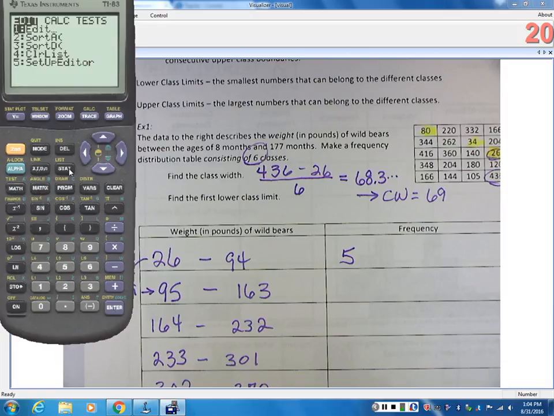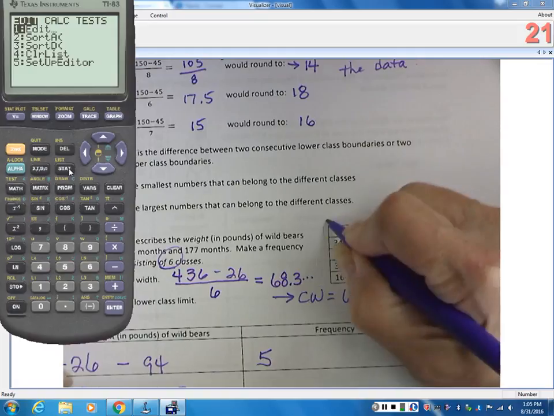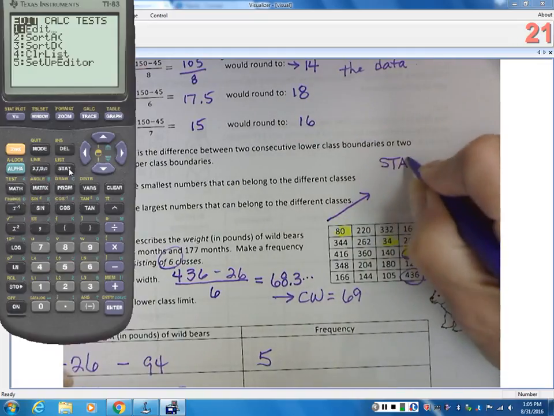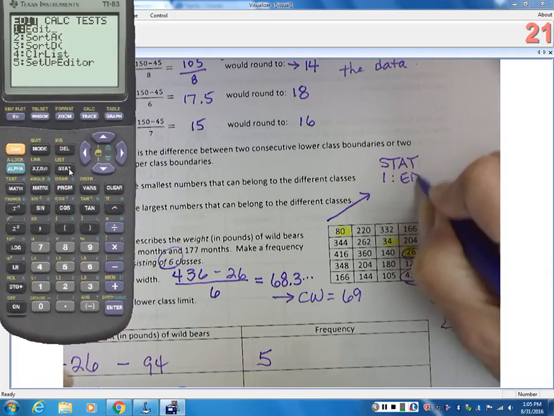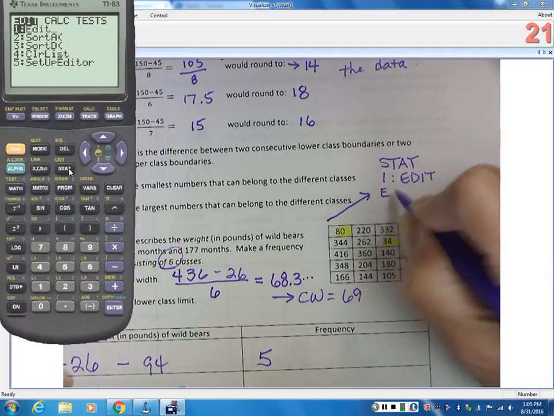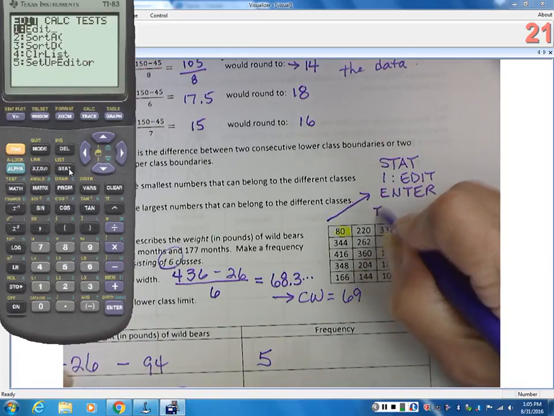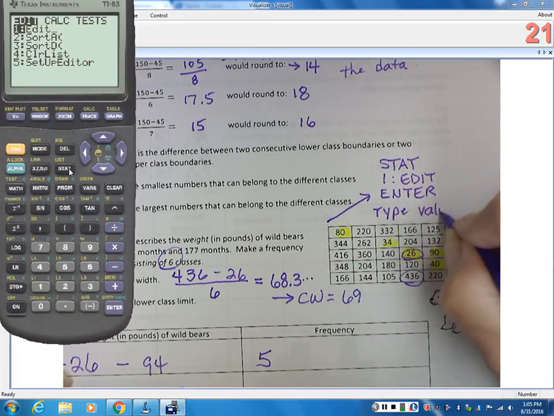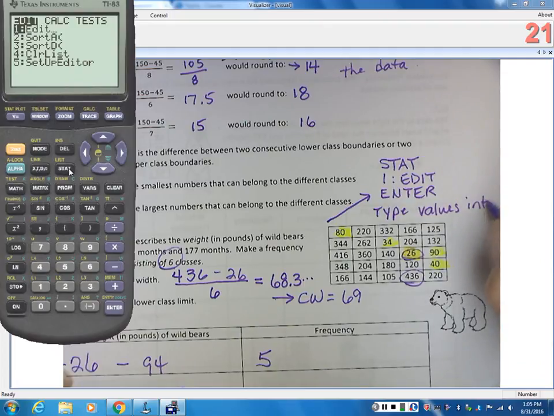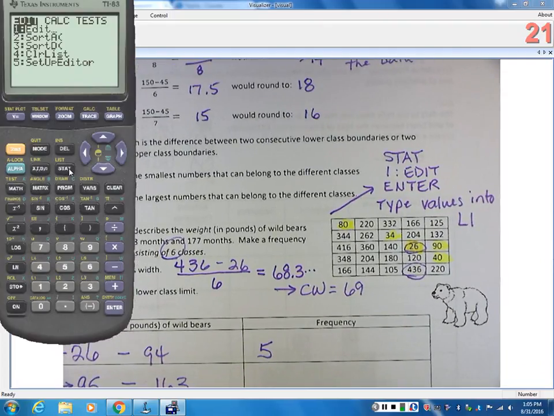So we're going to hit Stat. We're going to go to Stat, press Enter when it says Edit.